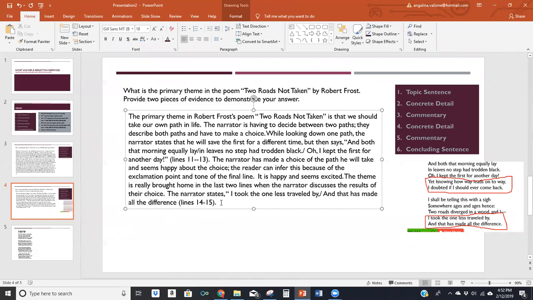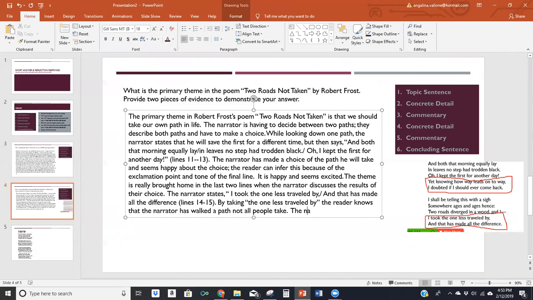Okay, so what does this mean? For me, this line has always said, by taking the one less traveled by, the reader knows that the narrator has walked a path not all people take.